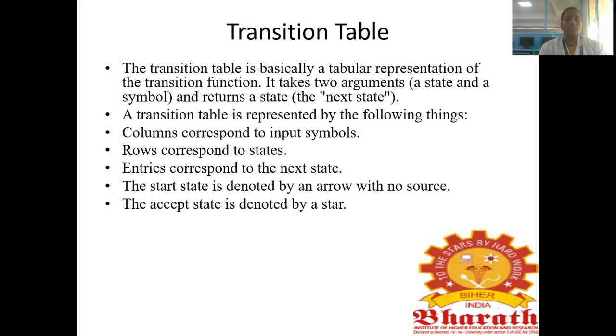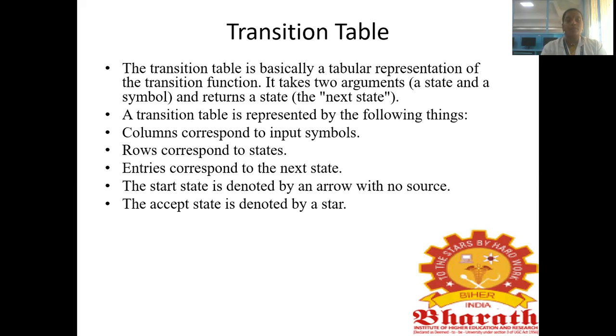Some transition tables represent the following things. First, columns correspond to the input symbols. So you draw the columns for your input symbols. Next, rows correspond to states. So columns are input symbols, rows are states, and entries correspond to the next state.